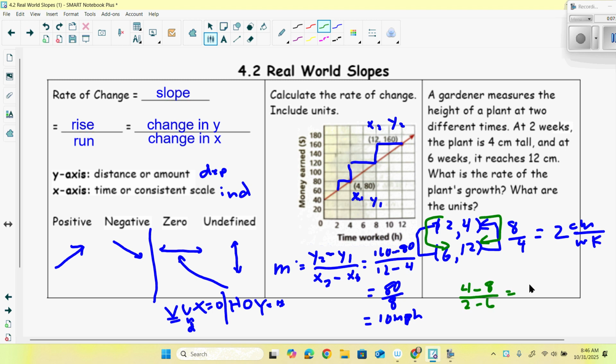Sorry, how about I use the number 12, since that's what it is. 4 minus 12 is negative 8. But we had positive 8 up here. It looks like we might have a problem, but if you do 2 minus 6, you get negative 4. Negative over negative cancels out, and I still get 2 centimeters per week. Okay, so identifying the x and the y is very important. Which one you call the first or second point won't affect this answer.